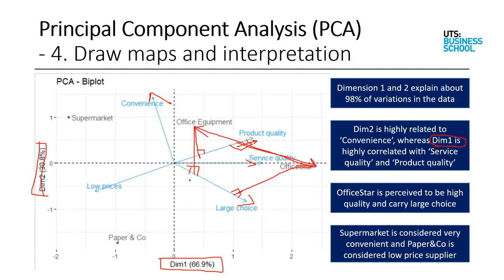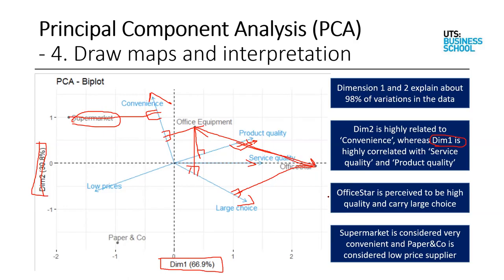So this is a way that you would compare the brands. On convenience, if you compare Office Equipment to supermarkets, this is where Office Equipment lies, and this is where the supermarket lies if you draw the perpendicular distance. So clearly, the supermarket offers more convenience to consumers as compared to Office Equipment. Right? So these are some of the ways that you can look at the brands and understand how they are performing on different dimensions using principal components analysis.